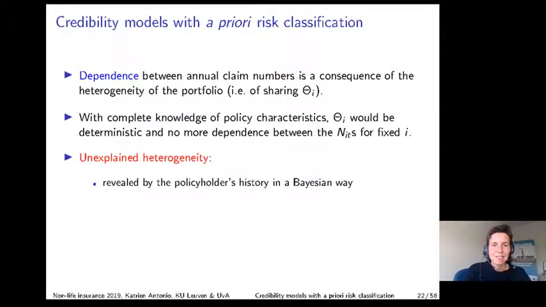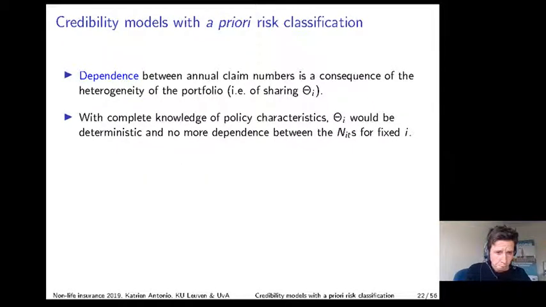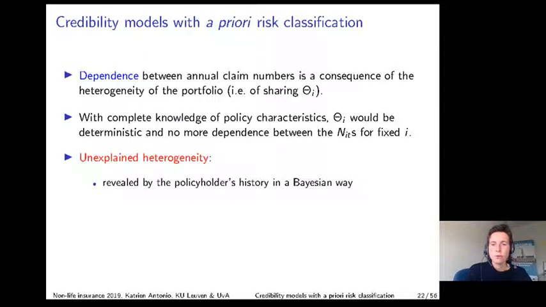Recall that the theta_i random variables capture unexplained heterogeneity between different contracts or policyholders. This heterogeneity, frailty, or risk proneness will be revealed by following the contract over time, that is, by the claims and premium histories as observed over time.